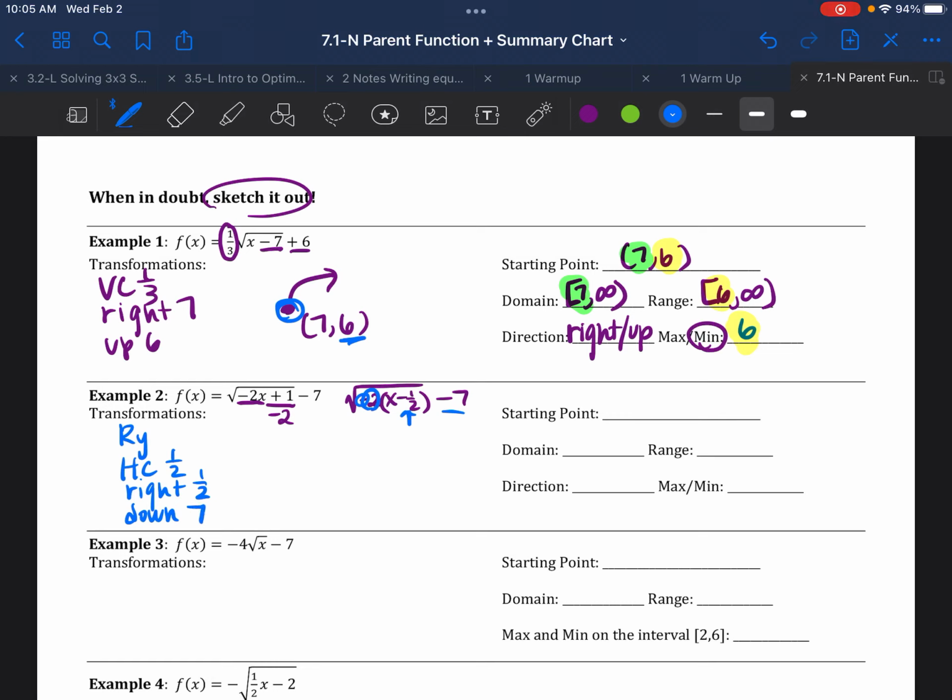Now, because this function has been reflected across the y-axis, it's still going up, but now it's going left. So left and up. That's what an Ry does. And so because it's been moved right 1/2 and down 7, that's our new starting point.